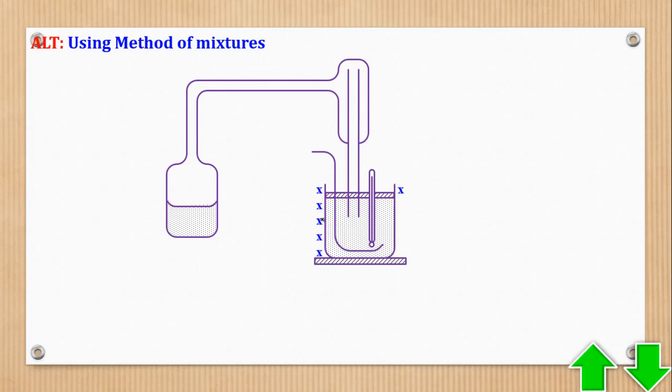So that is lagged to prevent heat loss. Then this is the heat shield, so that heat doesn't just cross over. This is the direction of the motion of the vapor.